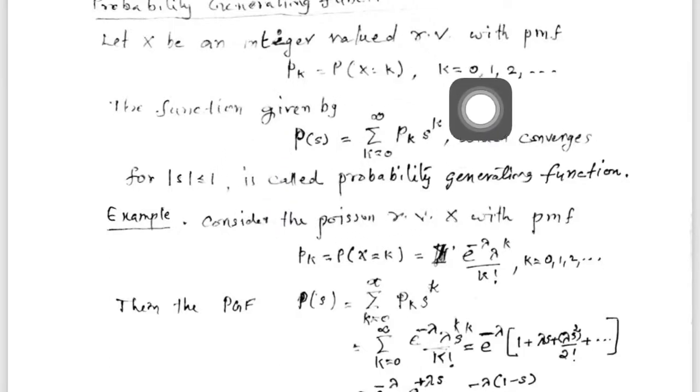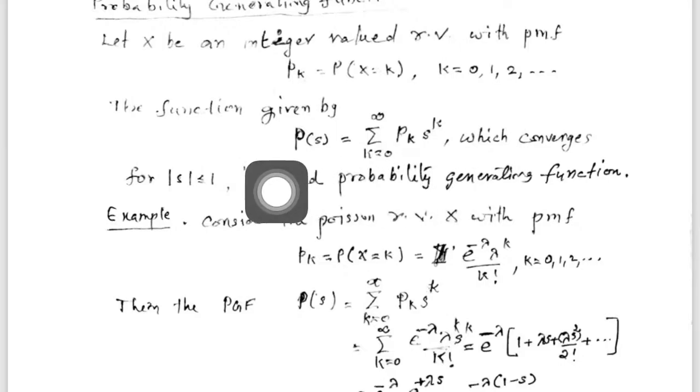And this function will be useful in stochastic process, mainly in Galton-Watson branching process, which you will study in your third semester. And many results associated with the PGF will be useful for that purpose.